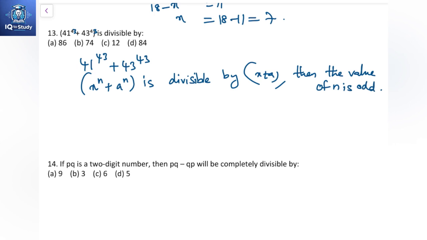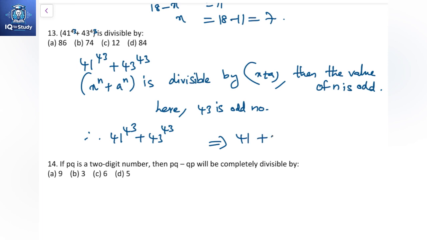Here 43 is odd number. Therefore, 41 power 43 plus 43 power 43 will be divisible by 41 plus 43, that is equal to 84, which is option D. This is x and this is a.